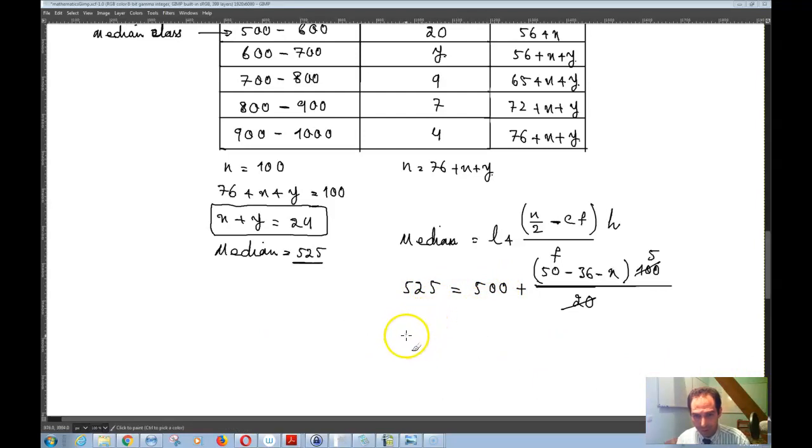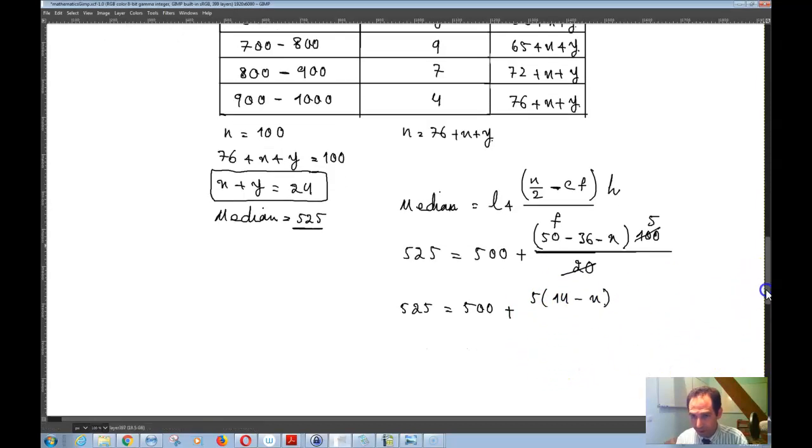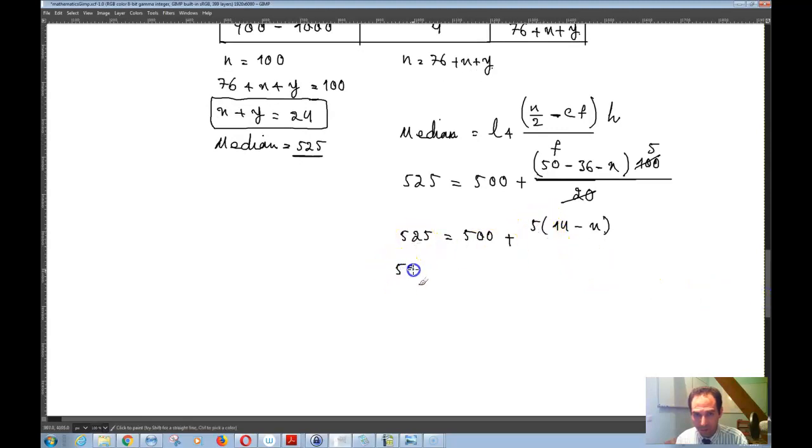So now you can write 525 is equal to 500 plus 5 times 50 minus 36, which is 14 minus x. So 525 is equal to 500 plus 5 times 14 minus 5x, which is 500 plus 70 minus 5x.